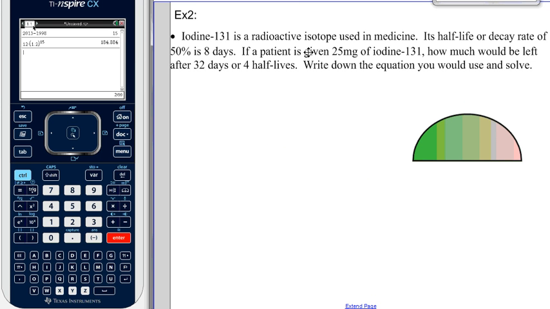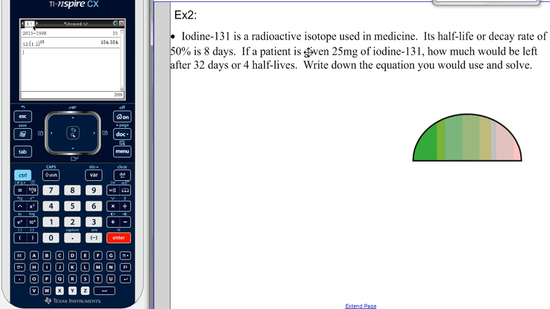Okay, here we're looking at a radioactive isotope used in medicine, iodine-131. Its half-life, or decay rate of 50%, is 8 days. If a patient is given 25 milligrams of iodine-131, how much would be left over after 32 days, or 4 half-lives? Okay, this is a bit different.